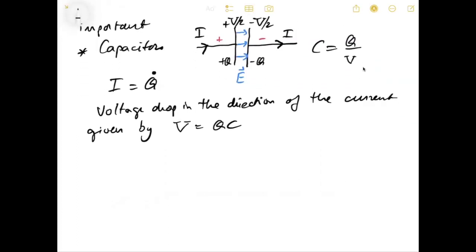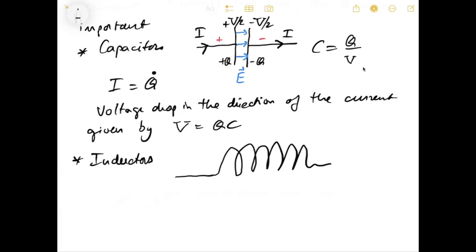Okay. For inductors, we have something similar. So let's say we have some kind of a solenoid, and let's say we have a current that goes in this direction.